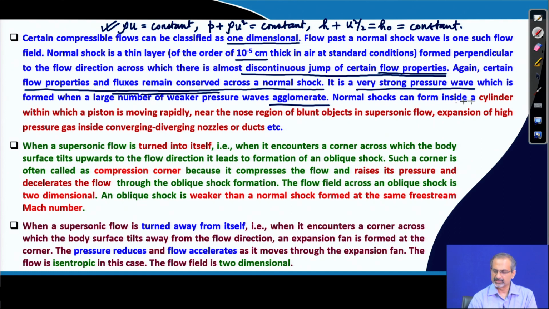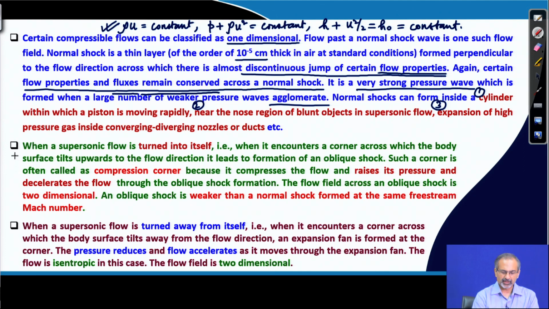And we have cited different examples here: cylinder within which piston is moving rapidly, near the nose region of blunt objects in supersonic flow, and expansion of high pressure gas inside converging diverging nozzles or ducts.